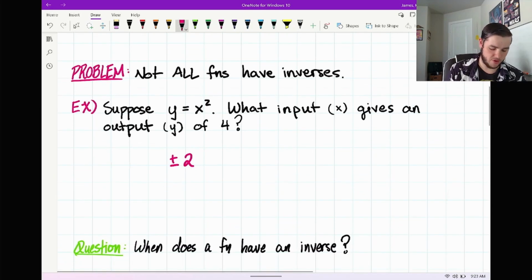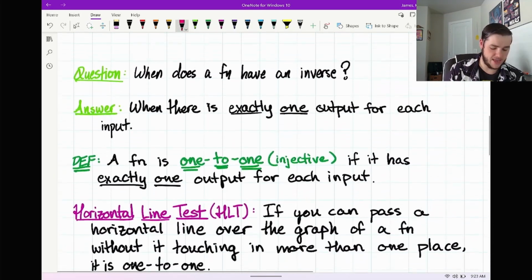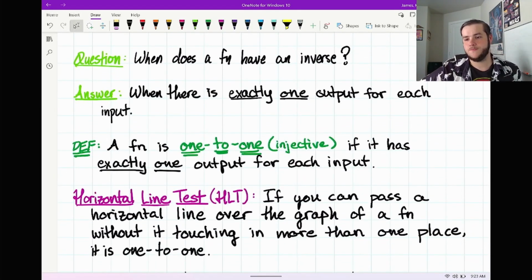We do, however, have a name for those kinds of functions. So, when does a function have an inverse? When there is exactly one input for each output is the answer. I have to be able to track back to exactly which input the output came from, but if there are multiple inputs that give that output, I'm sunk.